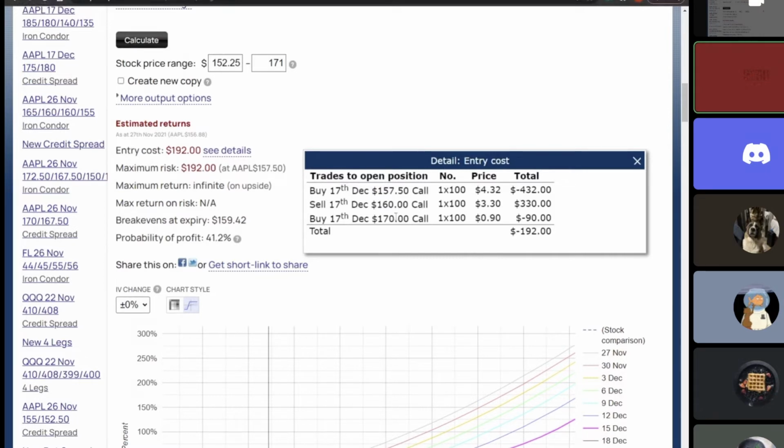But you have to have this right here because you're selling a call. You're on the hook to give somebody this call at $160. So if the stock goes up to 175, you are obligated to sell it at 160. If it came back down to 160, you would have to sell that to them.